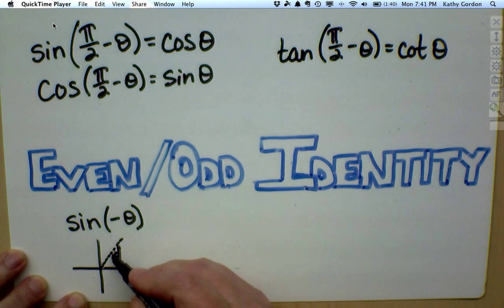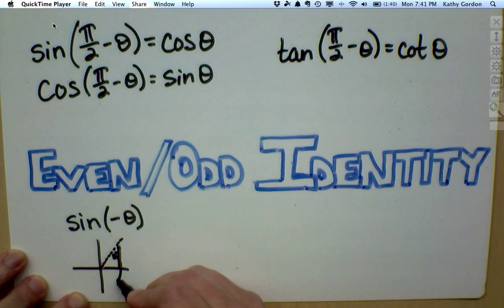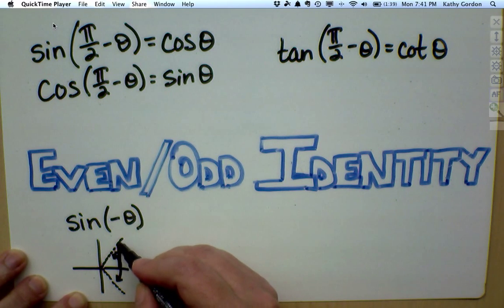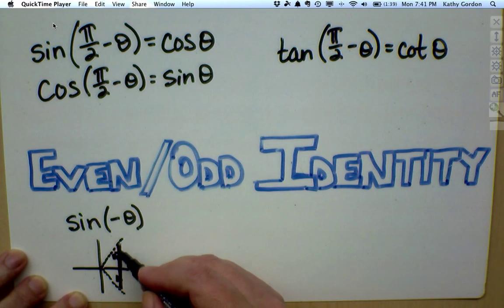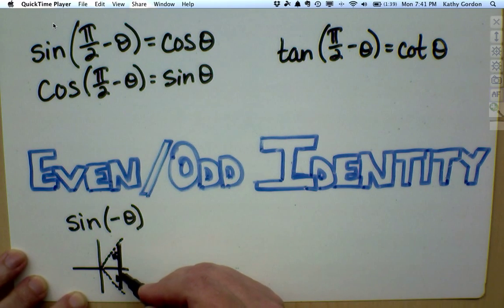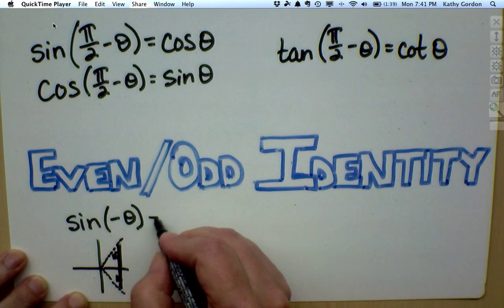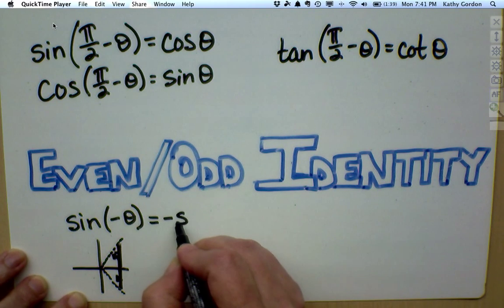Well, if I go that same amount, but I go negative, meaning that I go clockwise, then my distance here should be the same, but the distance is below the x-axis. So this is actually a negative value now. So it's going to be the same sine as what I got up here, but negative. And so that's what my identity says.